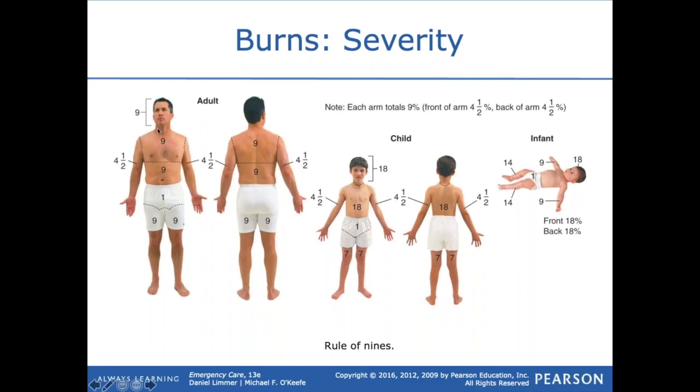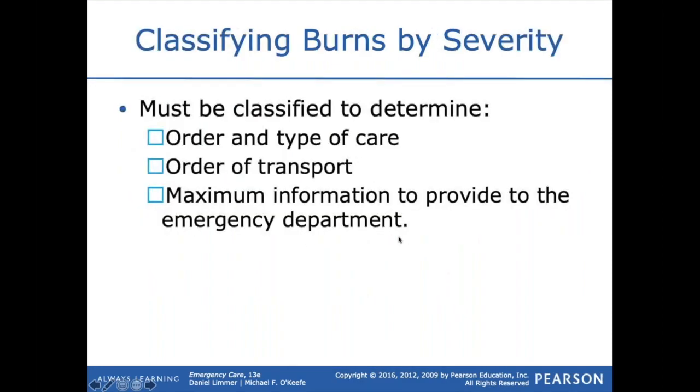I can either call that 4.5%, or I could go palm, 2 palms, 3 palms, 4 palms, and a half a palm, okay? You've got a burn on his calf, and you take your hand and 1 palm covers it, that's 1%. This little kid, his palm is 1%.